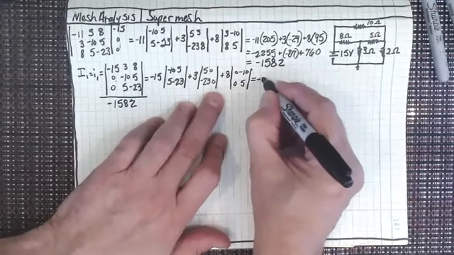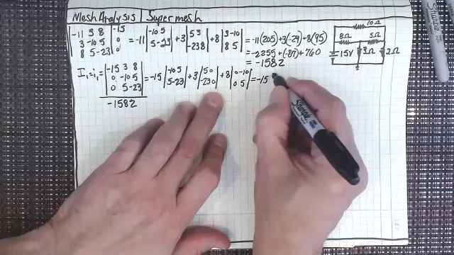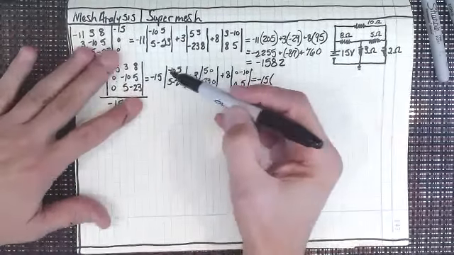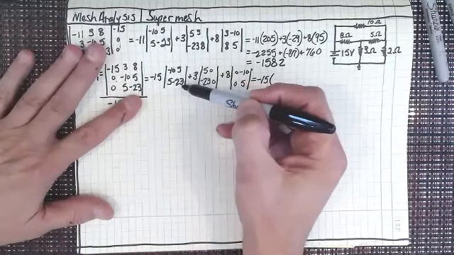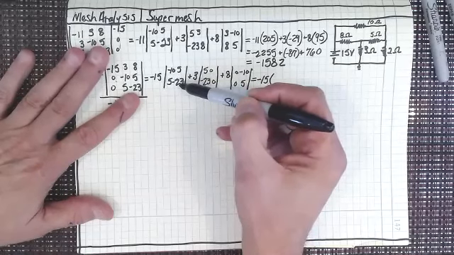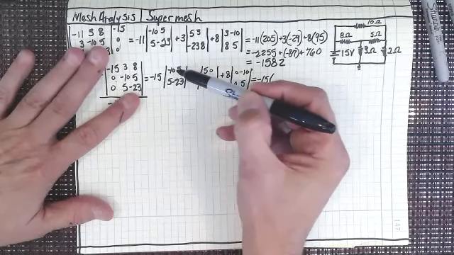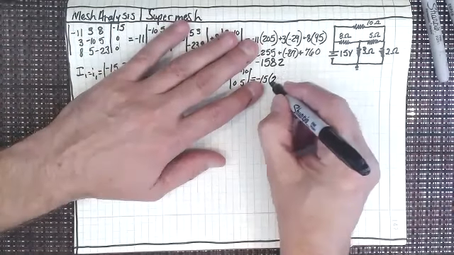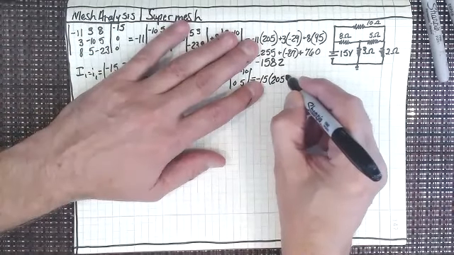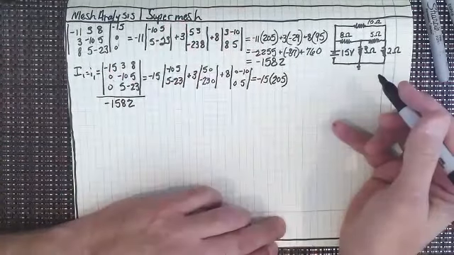The first one is the interesting one, though, isn't it? Minus 15, and I got minus 10 times minus 23. That's 230 minus 25, so that's 205, right?